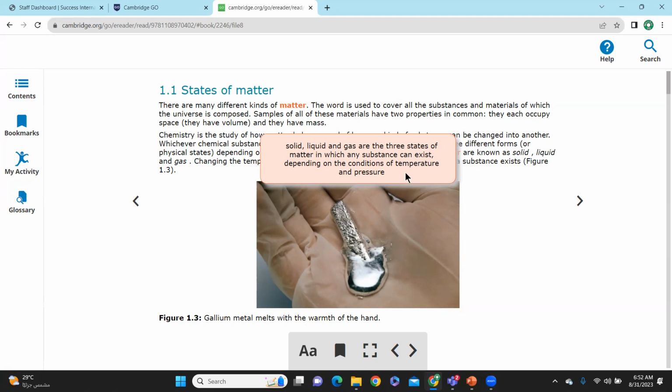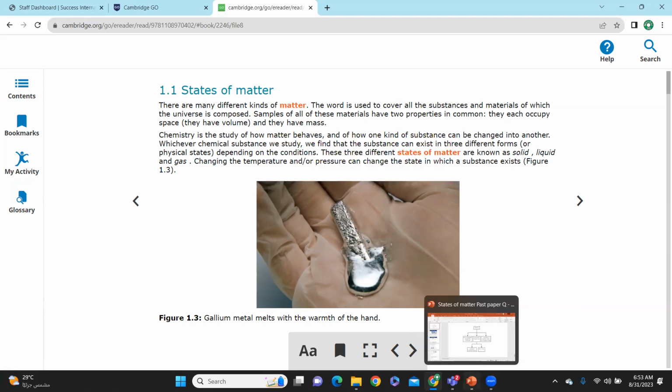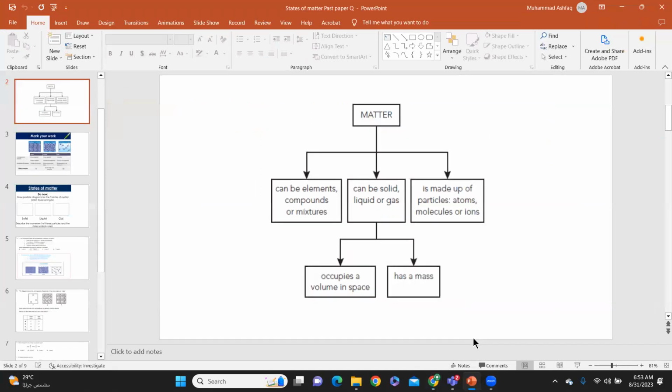So water converts from solid to liquid to gas only due to change in temperature. There are many other activities or conditions that affect matter. Understand?